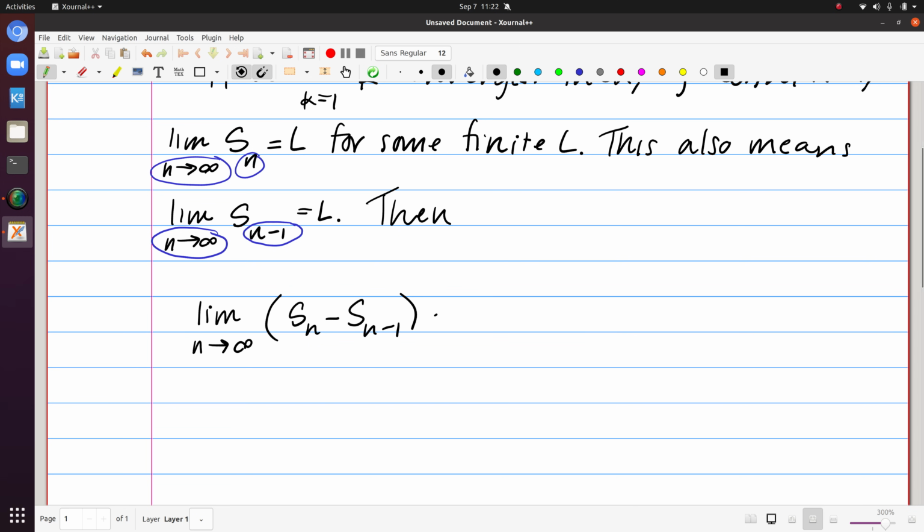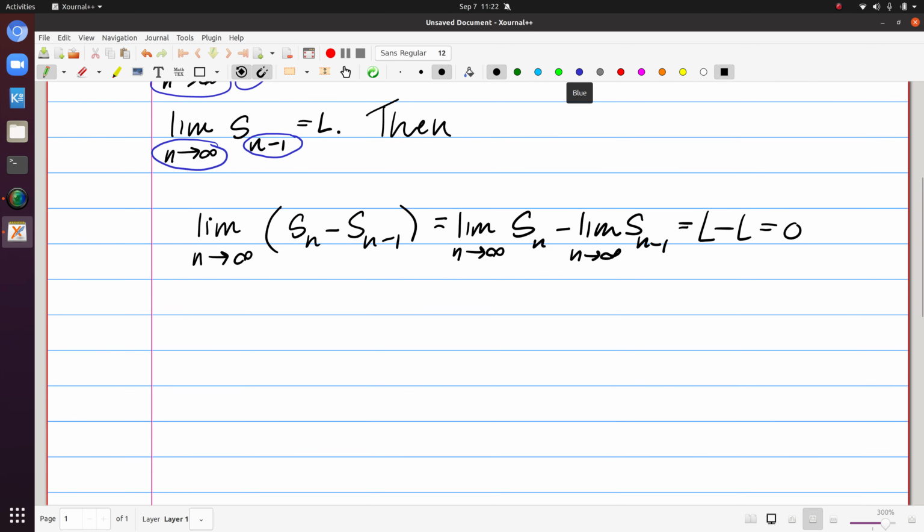Well, from our limit properties, that can be expressed as the limit of s sub n minus the limit of s sub n minus 1. At this point, we know that both of those limits are L, so we get 0. So what we want to come back to is considering what is the part on the left here. So if I were to consider s sub n minus s sub n minus 1.